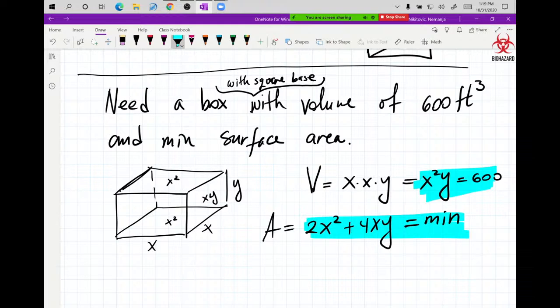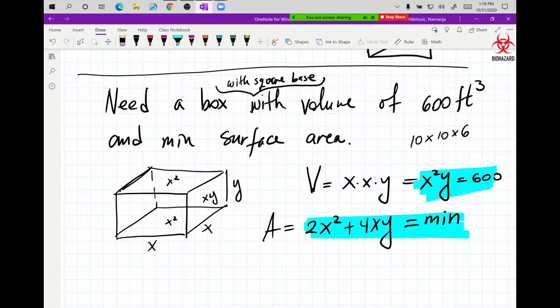And when you minimize, guys, it's no problem to make a box. Would 6 by 10 by 10 work? That would give me this much, right? It would give me the volume. I can just guess numbers. You know, 8 times 8 times whatever the third one is. Divide 64 into 600, right? 9 feet something.